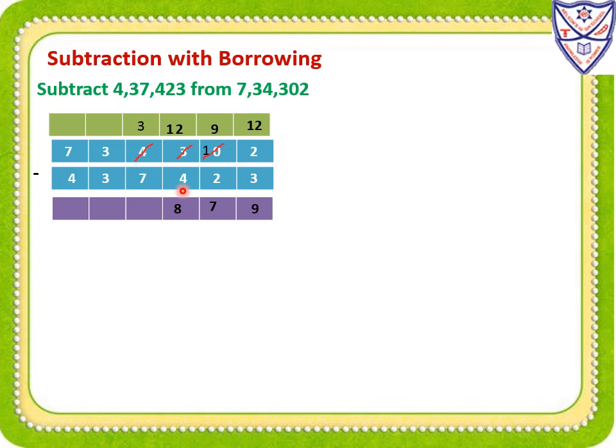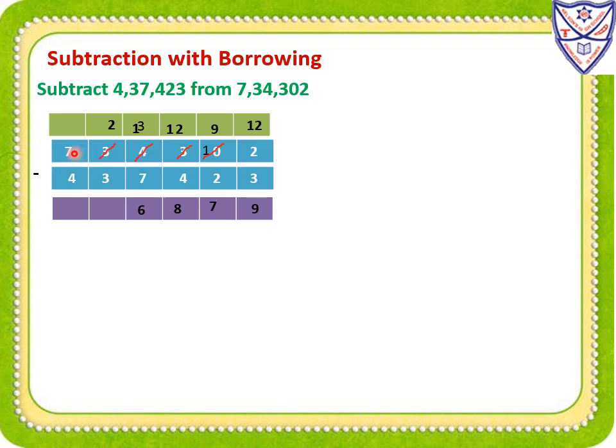8. Now 3 minus 7, is it possible? No. So we have to borrow from this 3. So this 3 will become 2 and this 3 will become 13. So now 13 minus 7 we will get 6. Now here 2 minus 3, is it possible? No, 2 is smaller than 3.